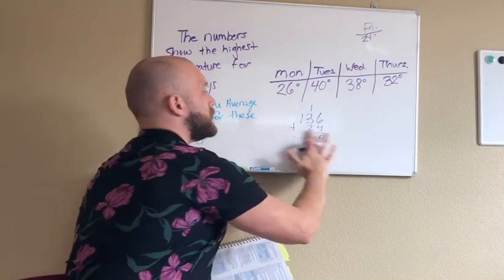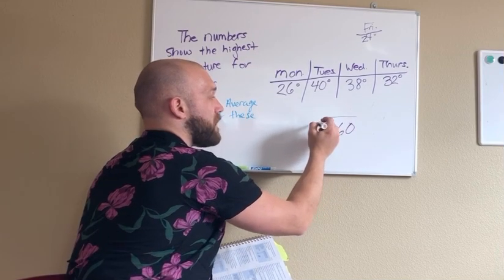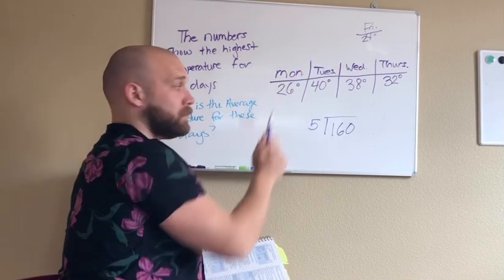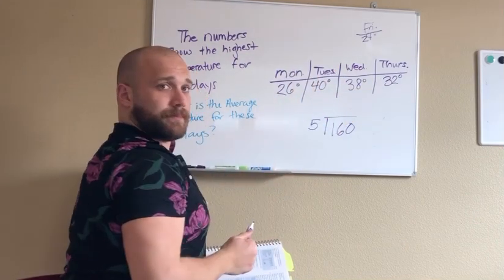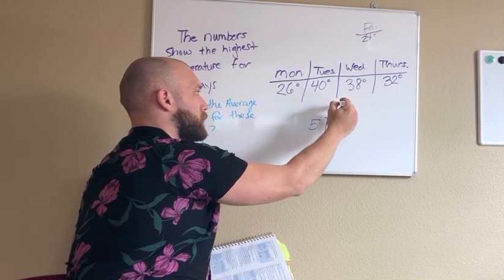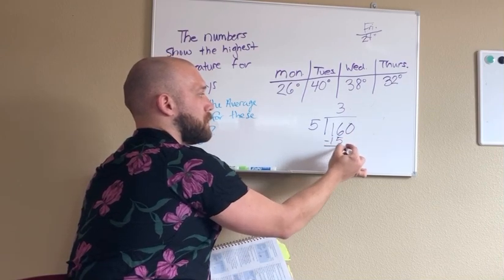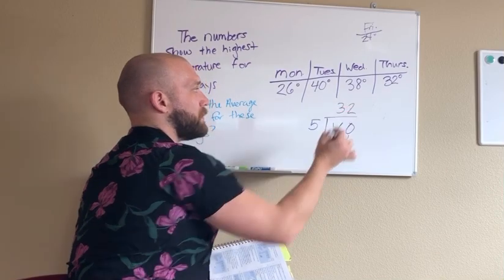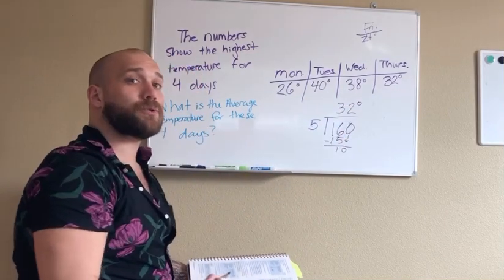So I need to take that 160 and divide it by 5. Why 5? There's 5 days. Why 160? Because I added this and this and this and this and this together. So 5 can go into 16 3 times. Because 3 times 5 is 15. Minus, bring down the 0. 5 can go into 10 2 times. So my average temperature now for these 5 days is 32 degrees.